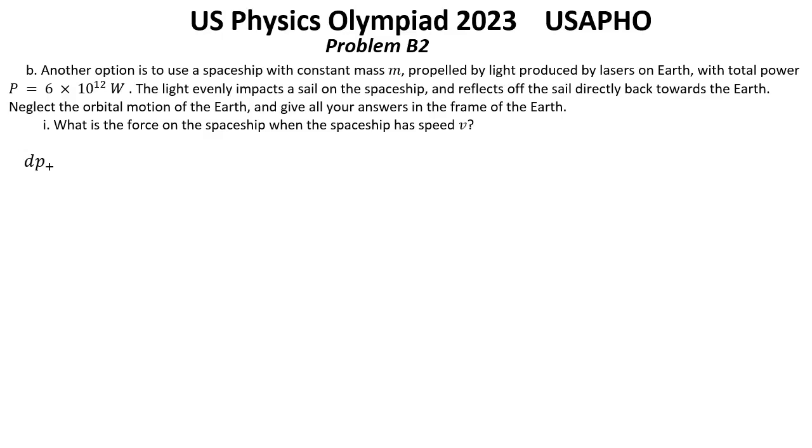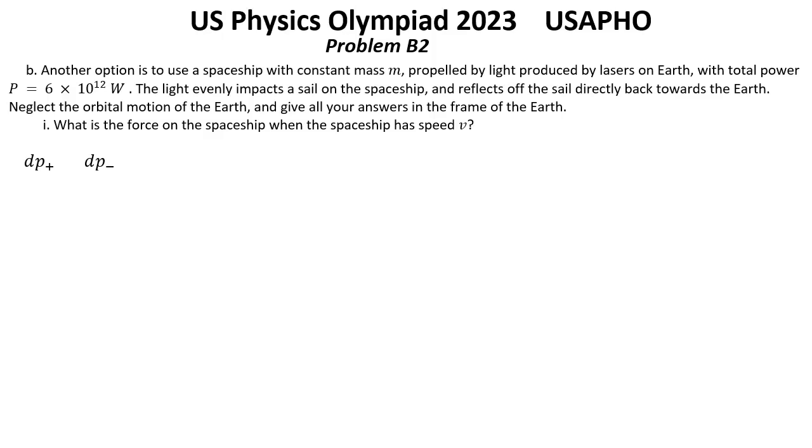This is not the same as the momentum which was produced by lasers for the same time, because not all the light reached the spaceship in that time. Suppose that at the same time another momentum of light, delta p minus, was reflected in the opposite direction. If we sum these two momenta, we get the total change of momentum for our spaceship.